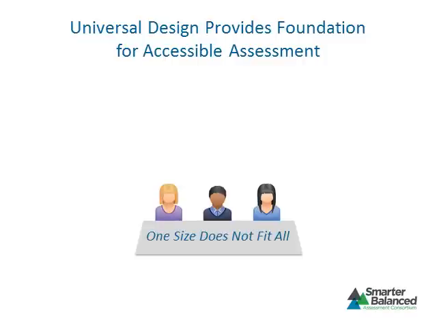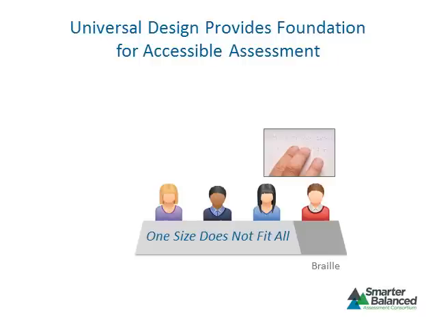A second aspect of universal design focuses on allowing accessibility extensions to an item or task to meet specific needs. As an example, for students who are blind and read Braille, it may be necessary to provide an accessibility extension to the item or task that presents information in Braille.